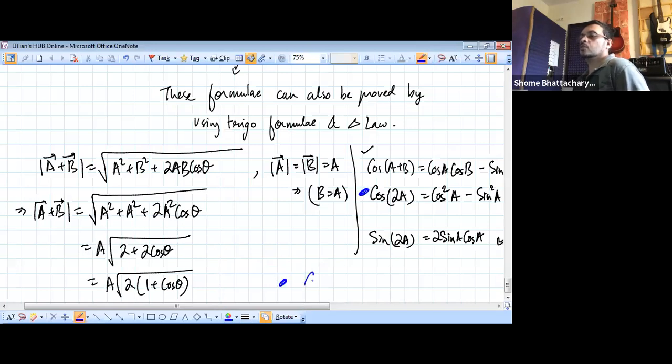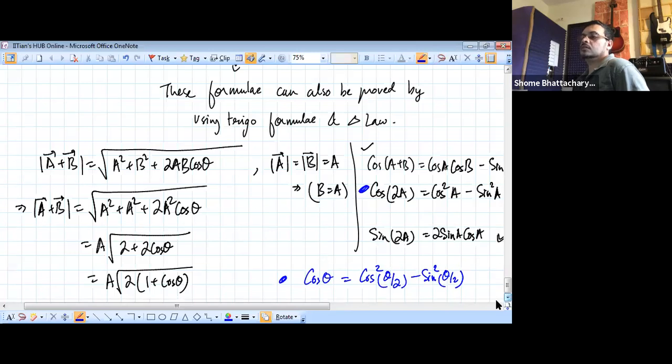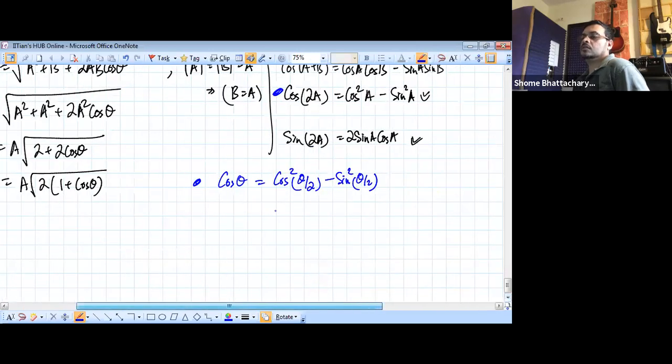Now this is where we will make use of this formula. How do we make use of it? I'll show you. Cos theta can be written as cos square theta by 2 minus sin square theta by 2. And further it can be written as 2 cos square theta by 2 minus 1, because sin square theta by 2 can also be written as 1 minus cos square theta by 2.